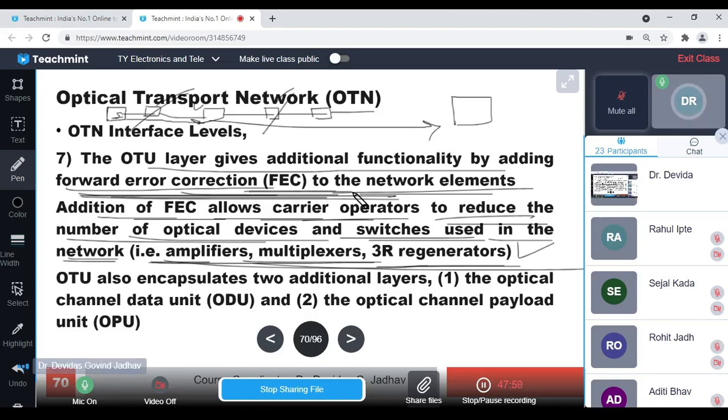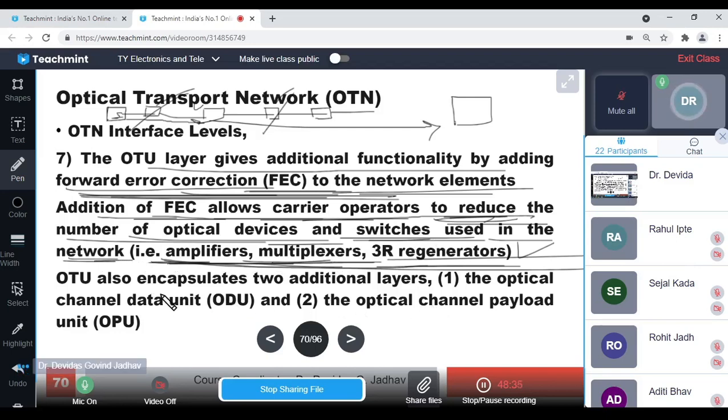With error correction there is the least botheration about errors, and that's why amplifiers, multiplexers, and 3R generators can be reduced. So the addition of FEC allows carrier operators to reduce the number of optical devices and switches used in the network, for example amplifiers, multiplexers, 3R generators, etc.